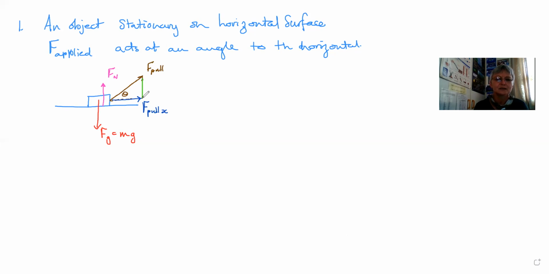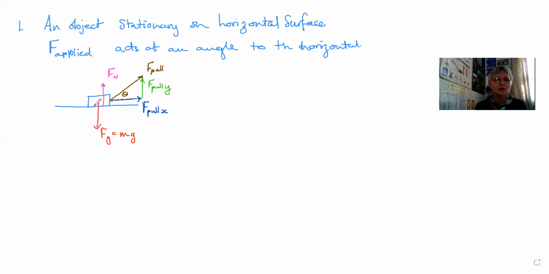And in this case, if it's a pulling force, the F pull has an upwards vertical component, or a Y component. Now, these two components have an effect on the friction.